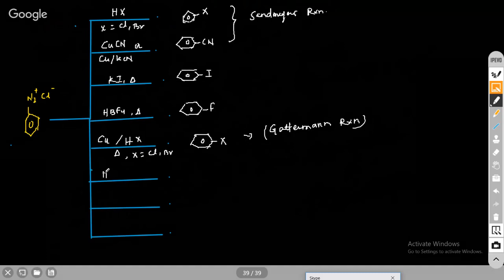When you use this with SnCl2 and HCl, here we get phenylhydrazine, NH2. This is phenylhydrazine.